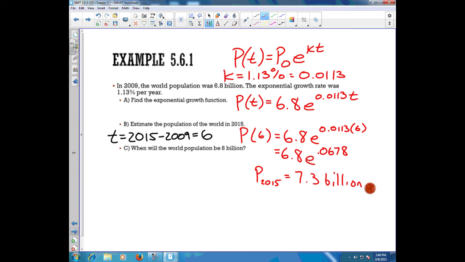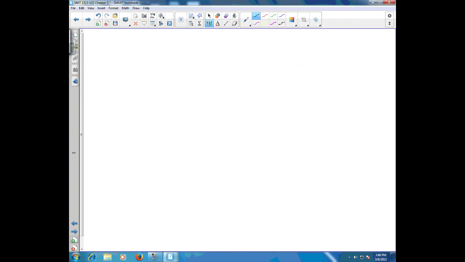Now, the last part asks, when will the world population be 8 billion? So let's go to the next slide. We want to know, when is P of t equal to 8, or 8 billion?